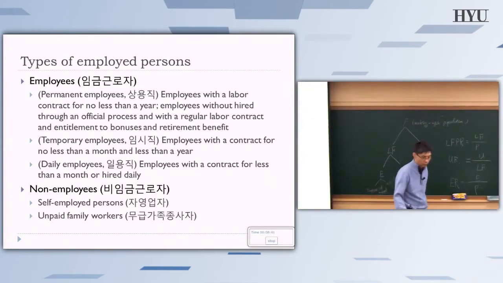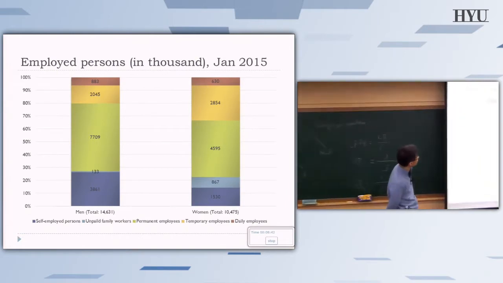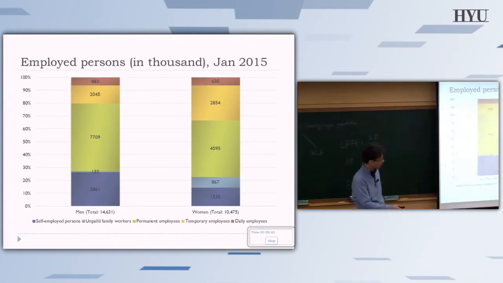So, if you see the numbers, this is a very recent statistic of the types of employed persons, for men and women. As you can see, the composition for men and women is quite different.